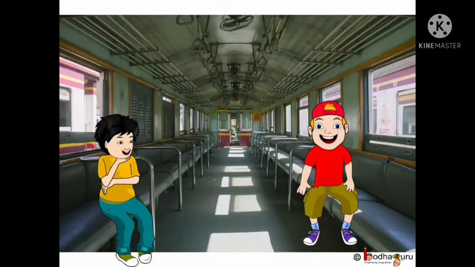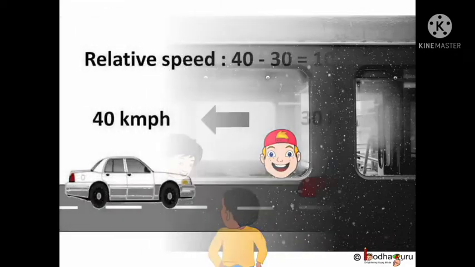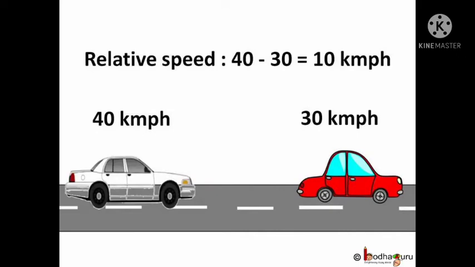Even you and your friend both sitting in the train, for you both the objects outside are moving. What about the person standing on a platform? For him, you are moving.